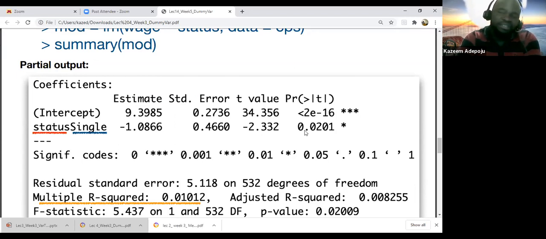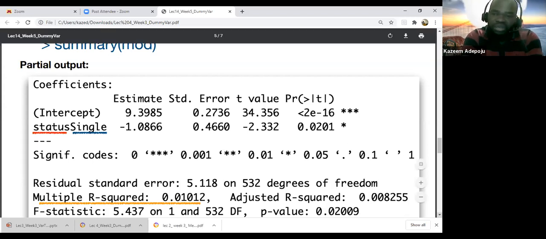What is your test statistic? It's the estimate divided by the standard error. Estimate divided by standard error will give you the t value, and this is the p-value associated with the t value. So if I want to know how significant my beta 1 is, this is the one I'm going to check. I'm going to compare it with the level of significance, and that's exactly the same thing that we've been doing.